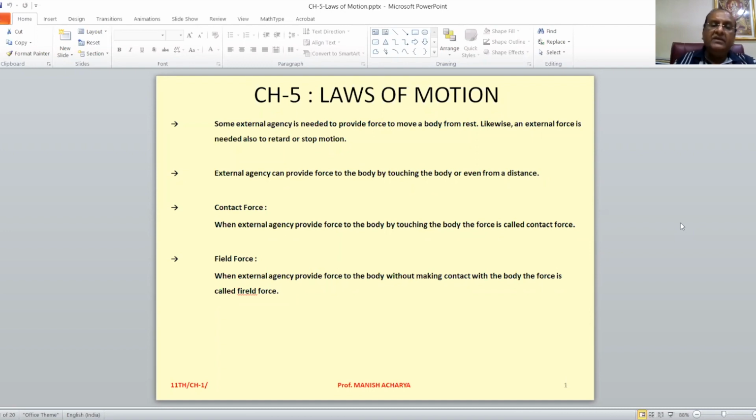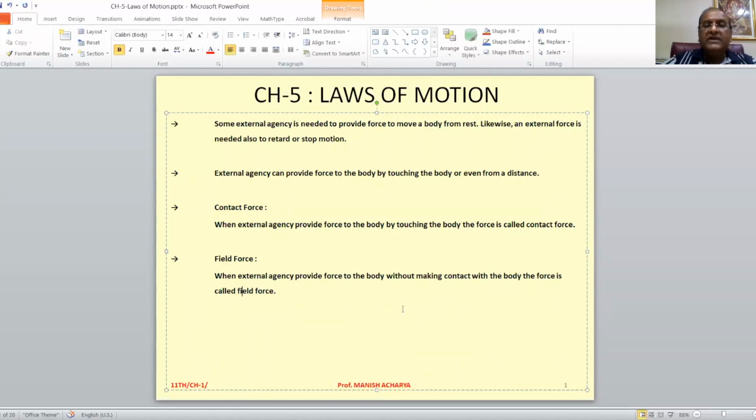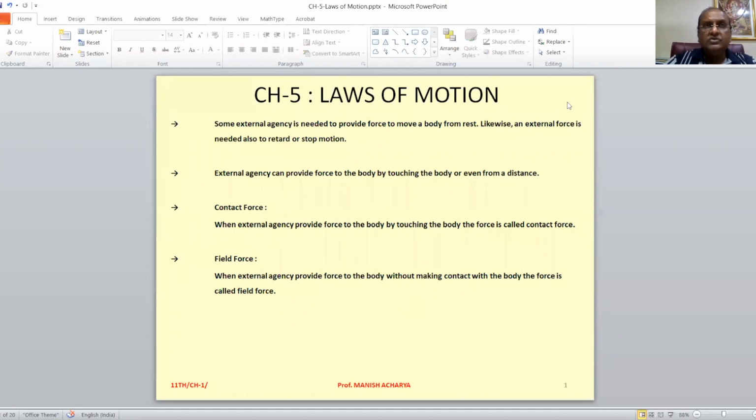And when an external agency provides the force to the body without making contact with the body, the force is called field force. Here we can take the example of gravitational force, electric force, magnetic force, like that. All these forces are provided by the agency to the objects but without making contact with the objects.